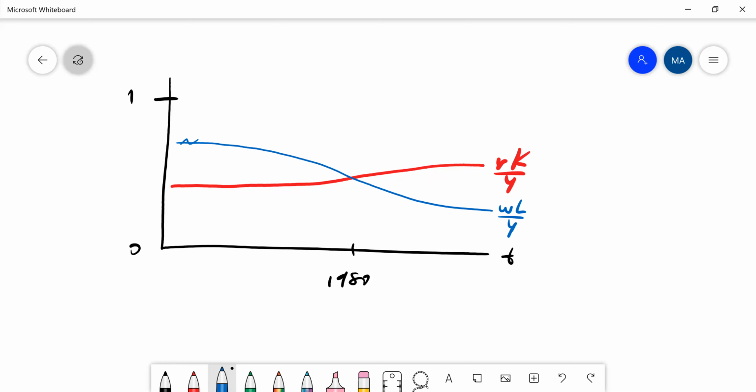Of course these fluctuate, but I am showing you the trend basically.